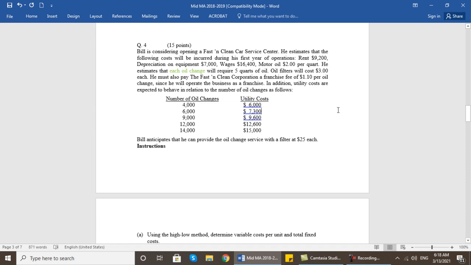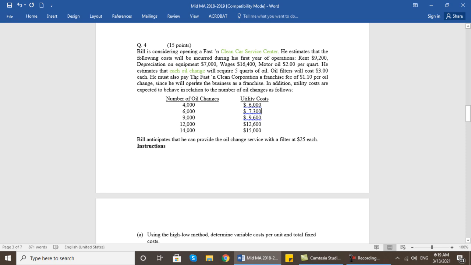Fast and clean car service center has the business. Now we will compute the cost for each oil change. Each oil change requires 5 quarters of oil. Also, oil filters will cost each.